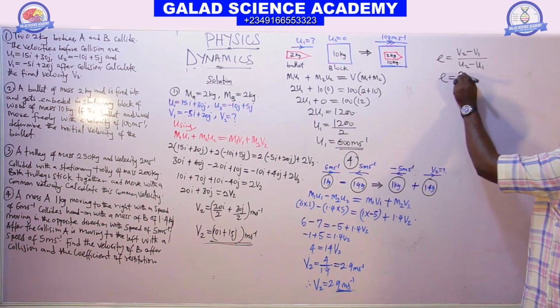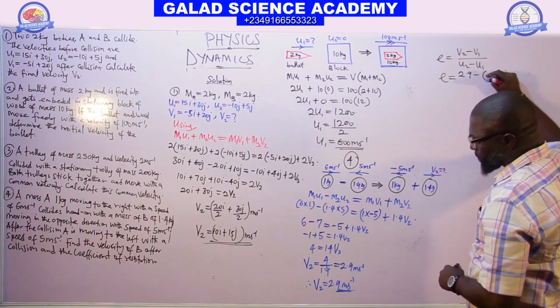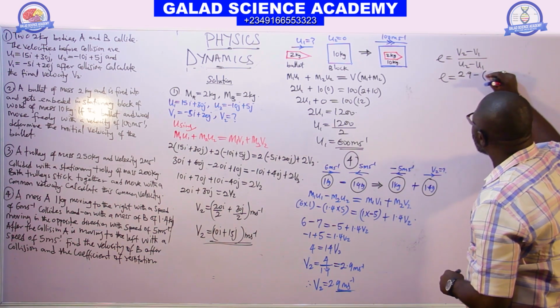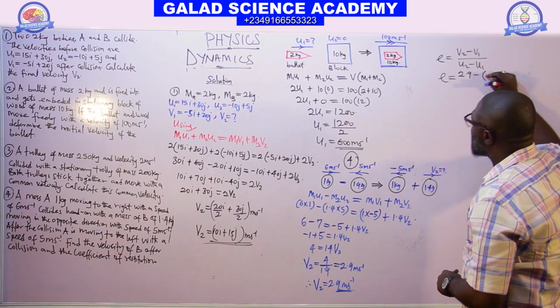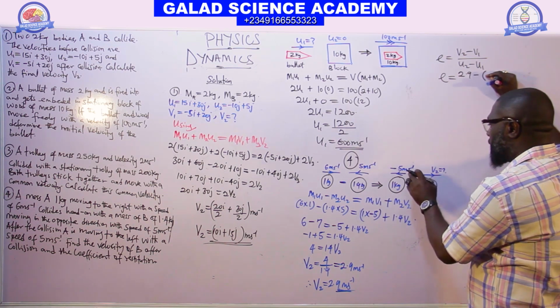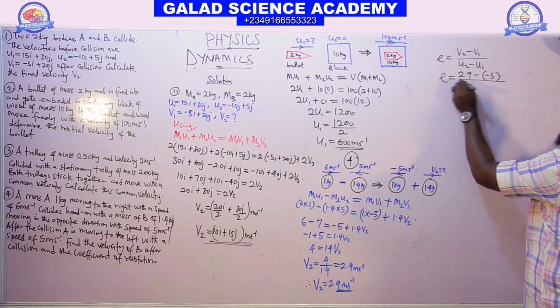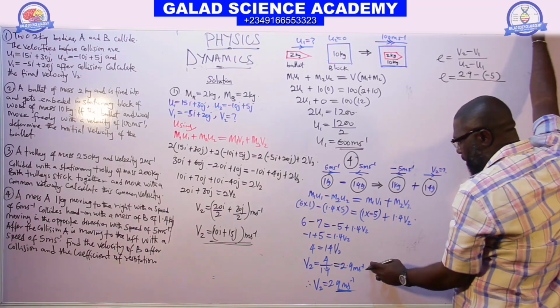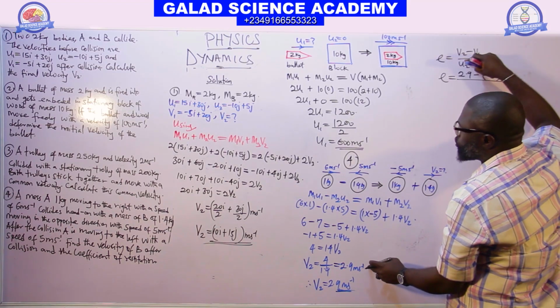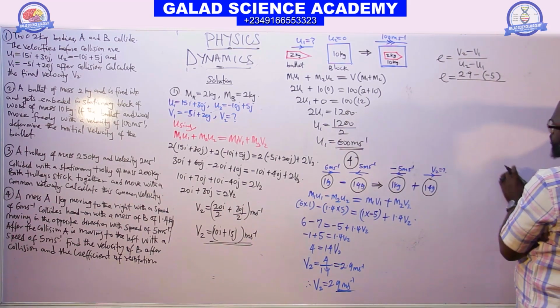V2 given is 2.9 minus V1. The V1 given here is minus 5.